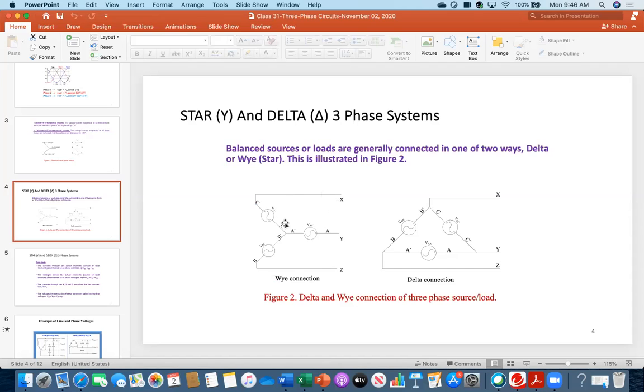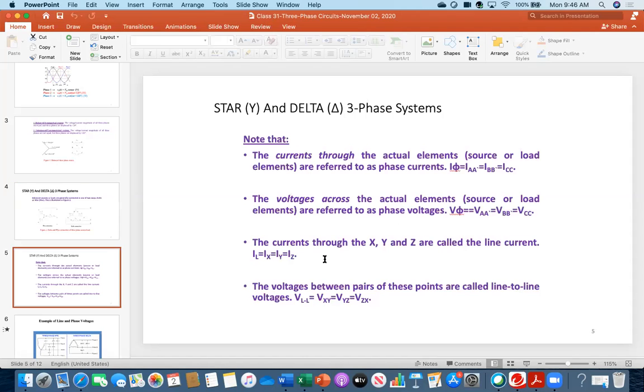In this case, because this is a Y connection, actually it is the same current. This current and this X current are the same because they are connected in series. Still, you will be using the terminology phase current when it is only here, and when it is here, you will be using line current. That is the meaning of this.